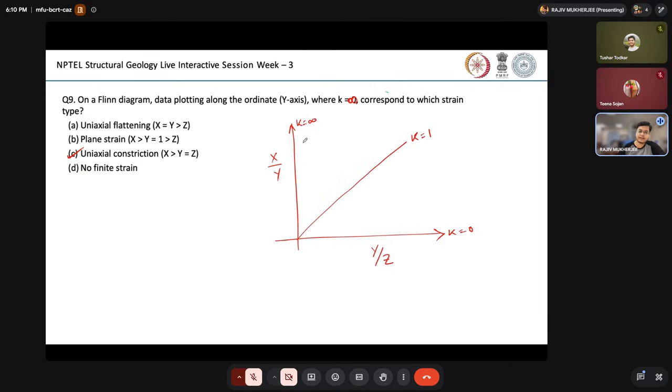So in this case, the deformation will look like this. Here this, and here it will be like this. So this will be the zone of constriction.